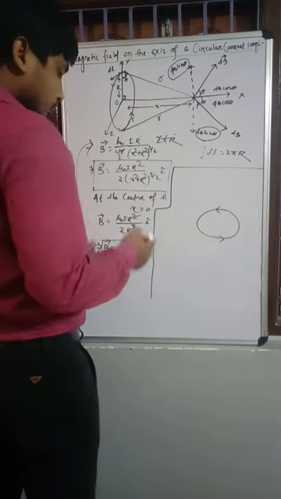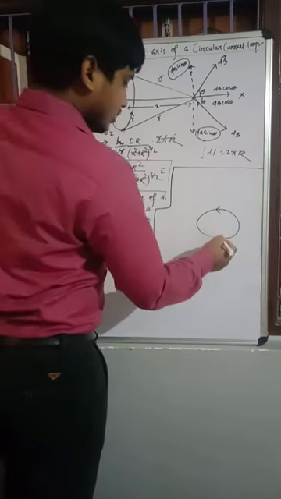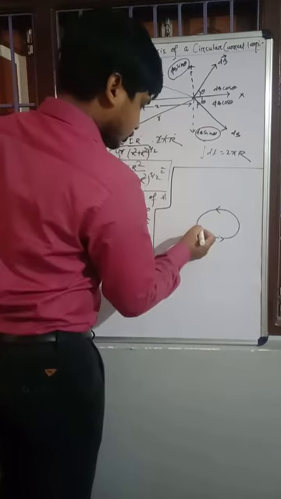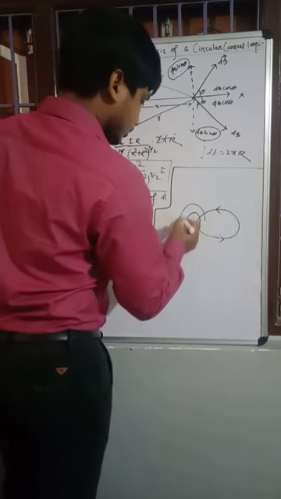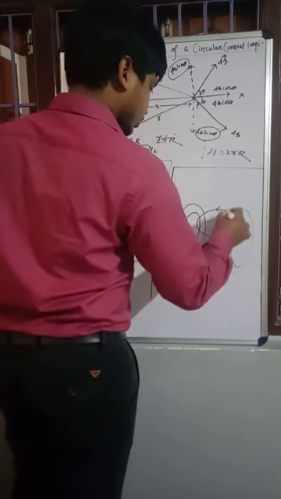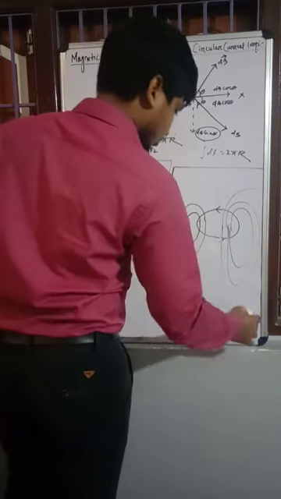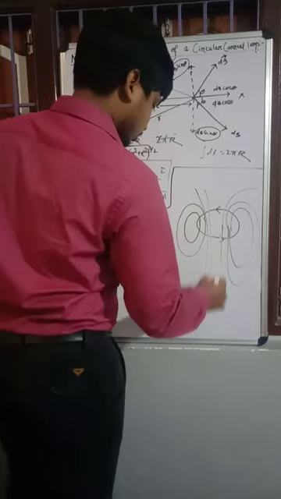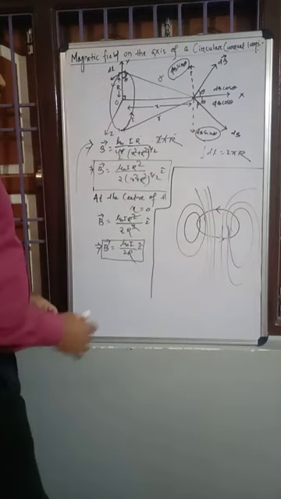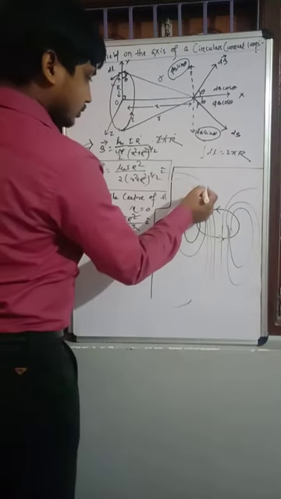Then remember that the field lines which will be produced by a current carrying circular loop are closed ones. So the magnetic field will be like this on either side. It will be like this, and they will become closed.